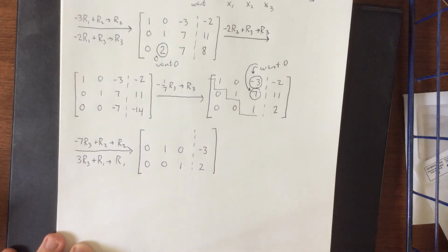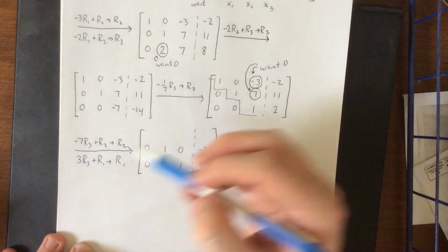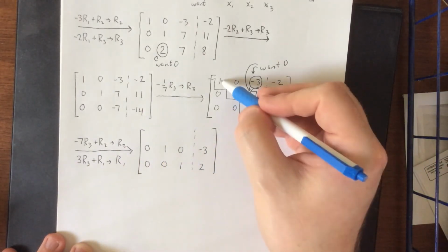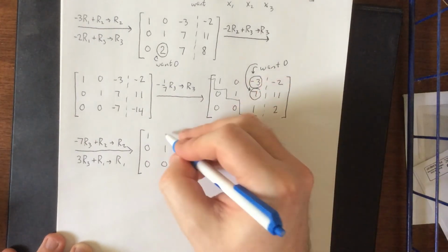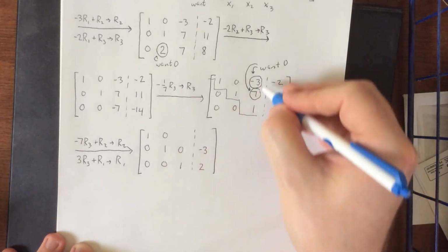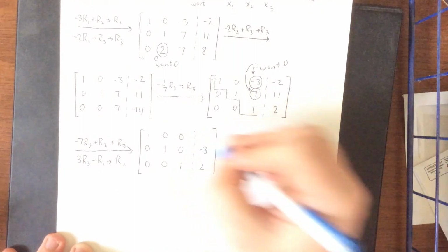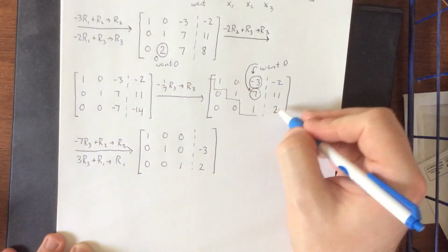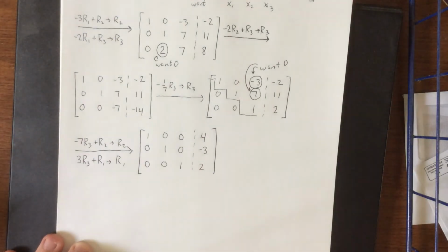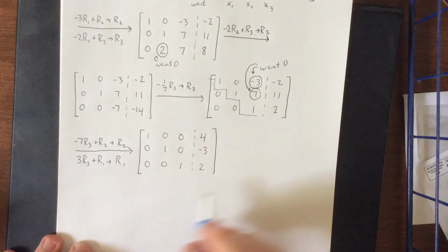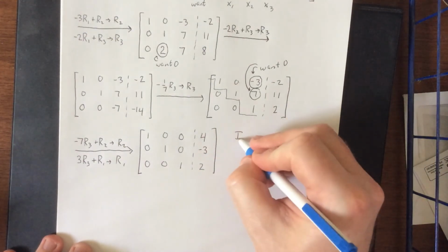Then, up in the first row, we'll take 3 times 0, add to 1. 3 times 0, add to 0. And 3 times 1, add to negative 3. And finally, 3 times 2, which is 6, add to negative 2, we get 4. This is now reduced row echelon form, and we can interpret appropriately.